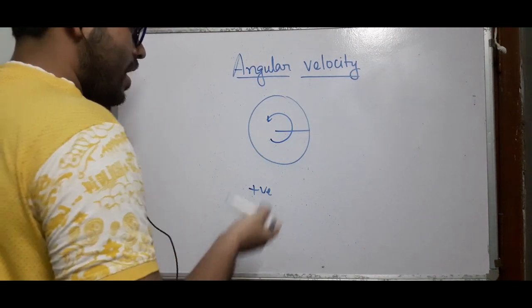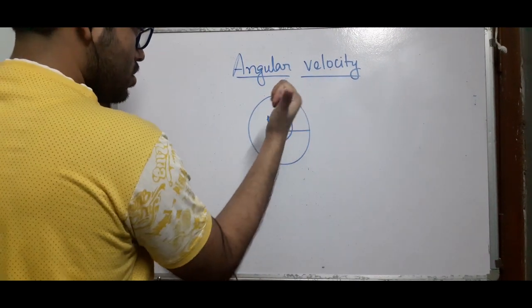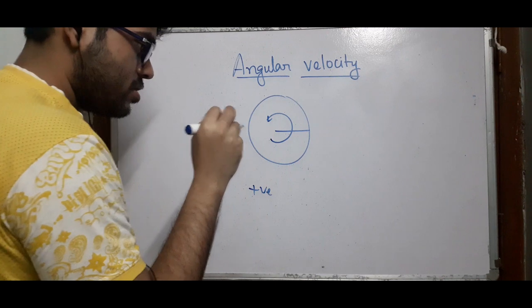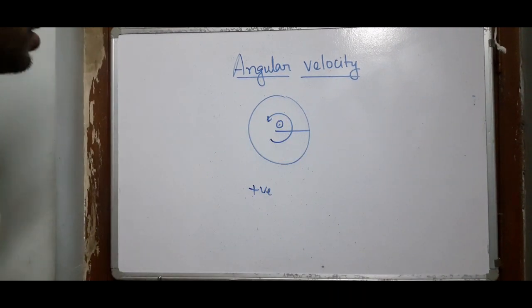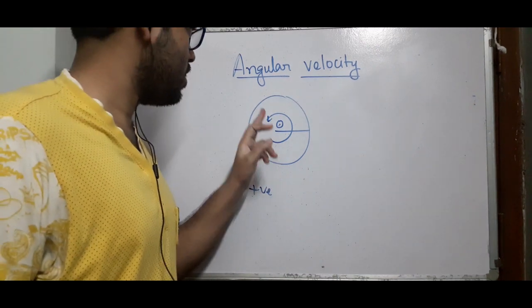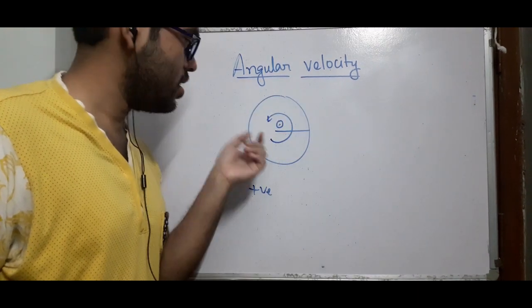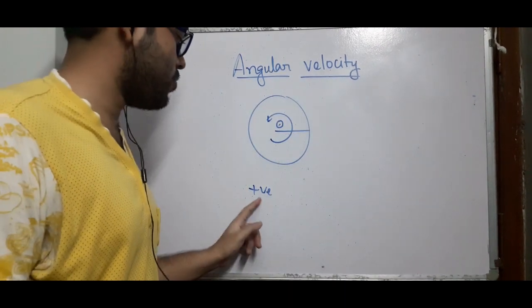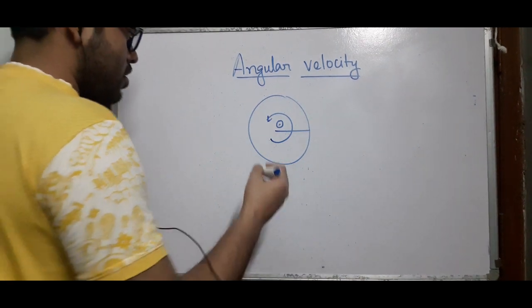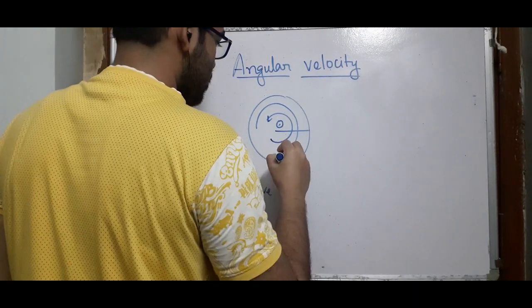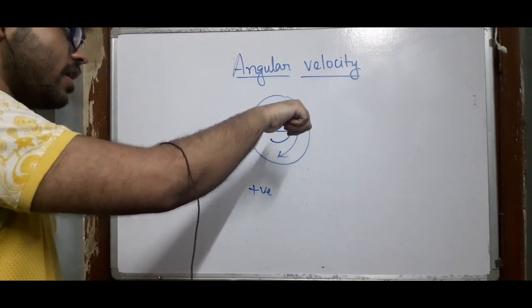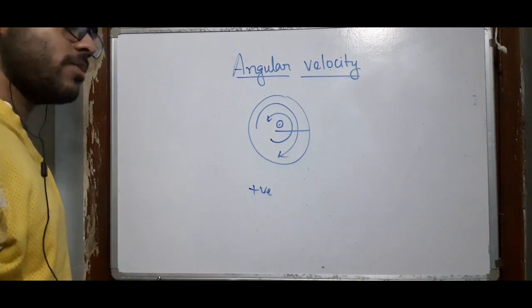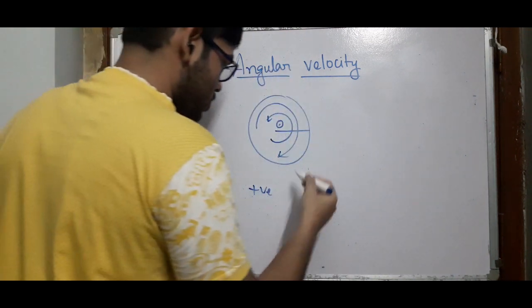the blackboard, and this pointing out of thumb is denoted in pen and paper by a dot inside a small circle, denoting that the direction of angular velocity is outwards, or it has a positive sense of rotation. And for negative sense of rotation or clockwise rotation, curl your finger similarly, and you will see that it points into the blackboard or into the whiteboard, whatever it is.